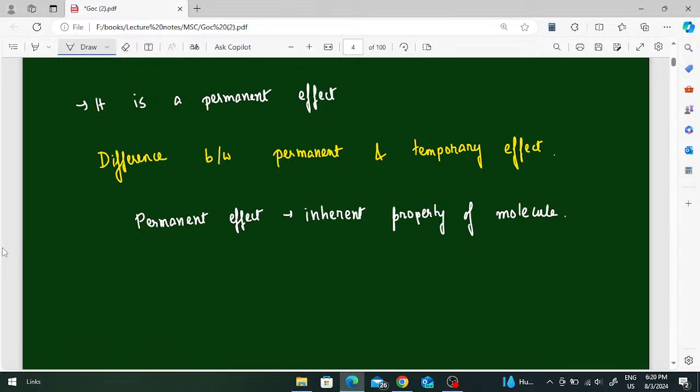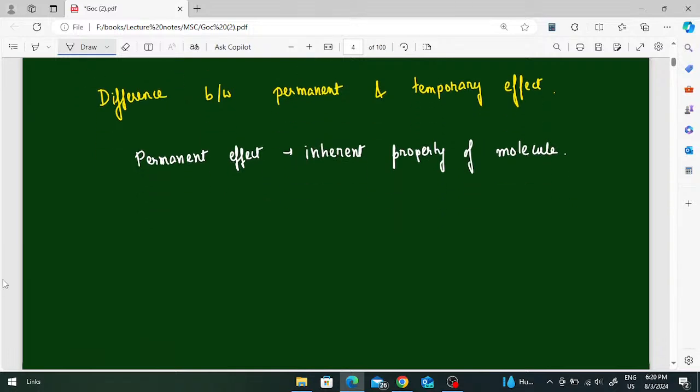Whereas a temporary effect is not an inherent property of the molecule. In case of temporary effect, the molecule acts in presence of some external reagent. As soon as the reagent disappears, the effect also disappears. We'll see the temporary effects later, like the electromeric effect, for example.